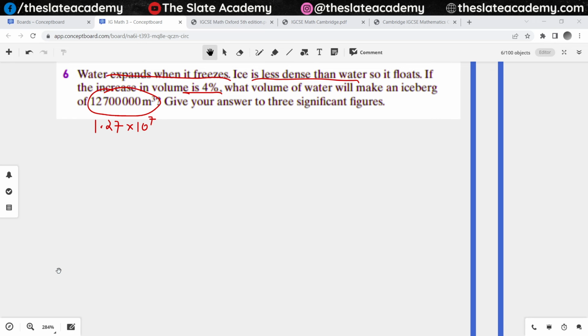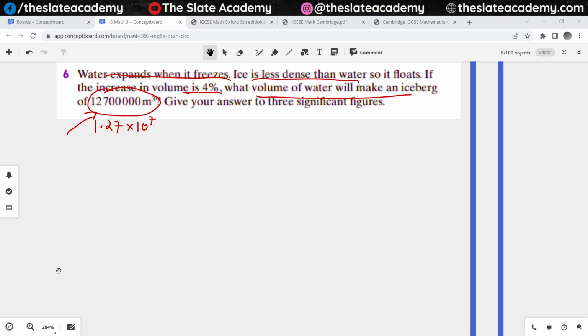So volume of water increases by 4% when it freezes. What volume of water will make an iceberg of this much volume? So is this the value after increase or before increase, first of all? This 1.27 into 10 to the power 7, is this the volume after increase or before increase?